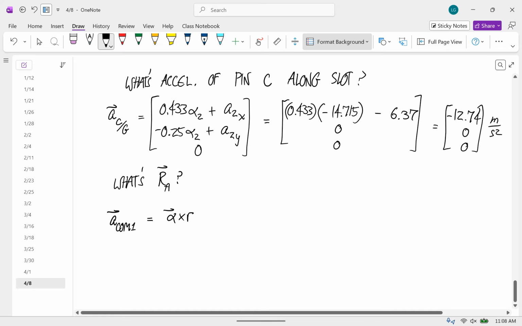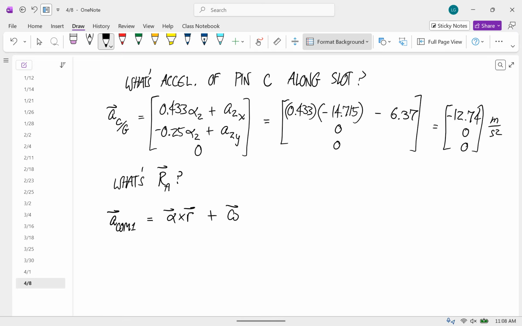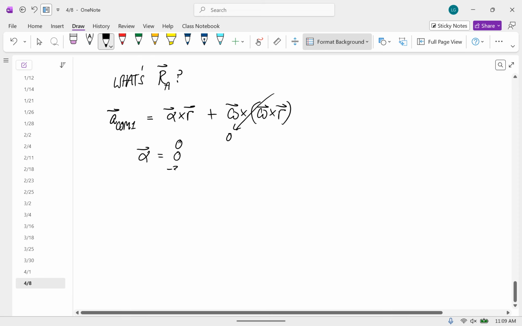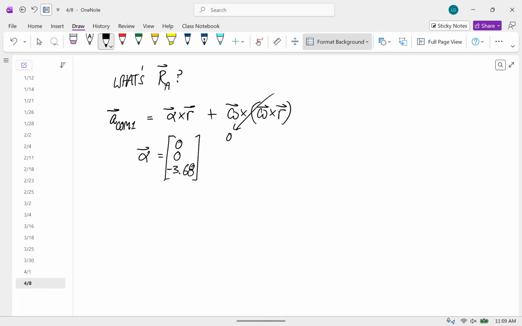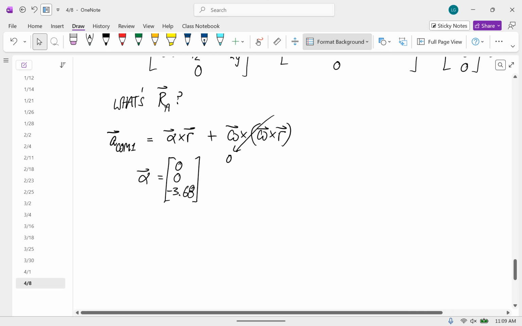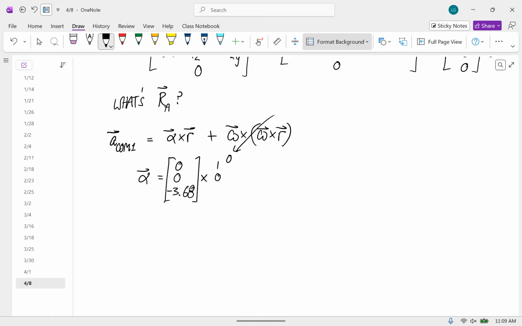It is alpha cross R plus omega cross quantity omega cross R. This is 0. Alpha, this is for body 1, so that is 0, 0, negative 3.68. And R goes from the pin joint to the center of mass, so that's 1, 0, 0.